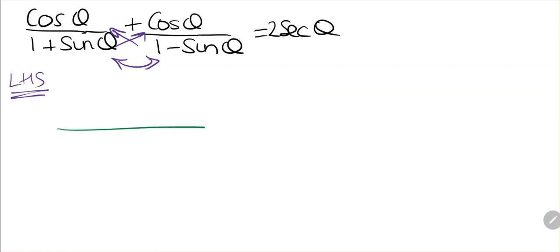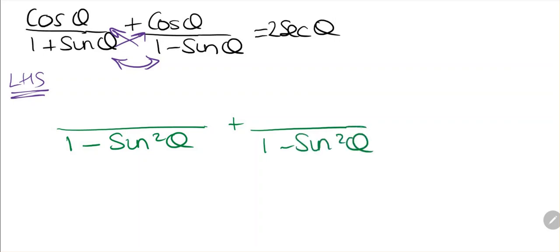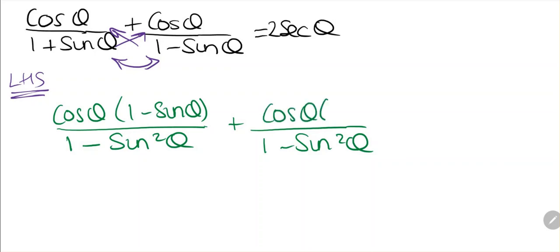So we're going to rewrite this over 1 multiplied by 1 is going to be 1, so this is going to be minus sine squared, and 1 minus sine squared, and then if we cross multiply, so we'll have cosine theta multiplied by 1 minus sine theta, and then we'll have cosine of theta multiplied by 1 plus sine of theta.